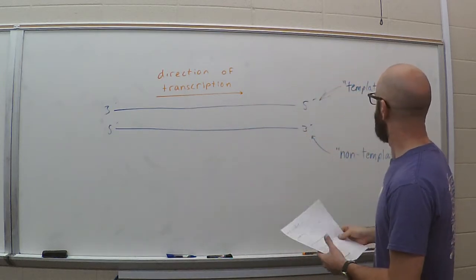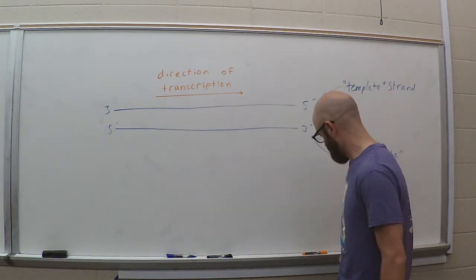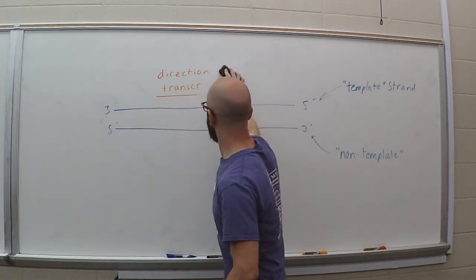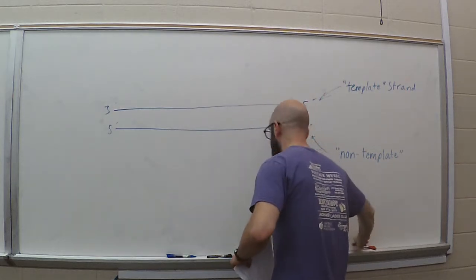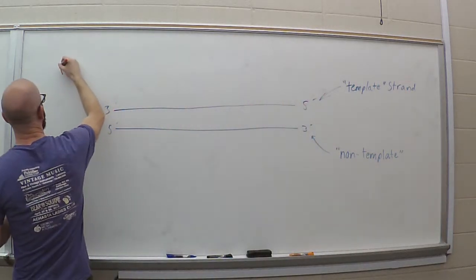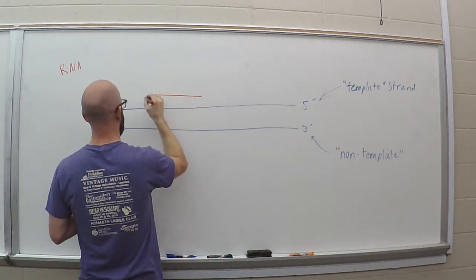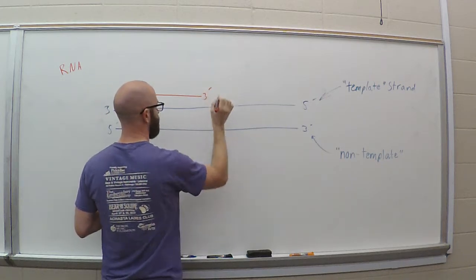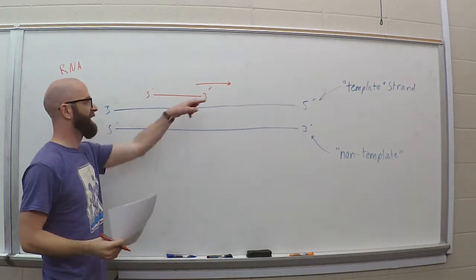So if this top strand were being used as a template, then our RNA, which we'll do in red, the RNA strand would be 5', 3'. So the RNA strand gets extended in that direction.